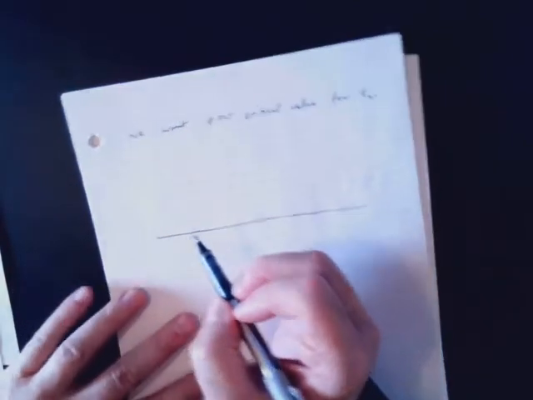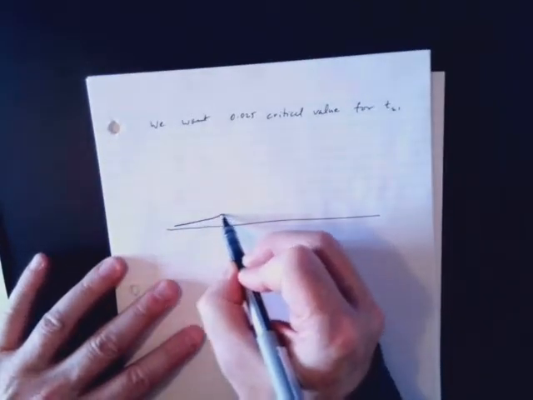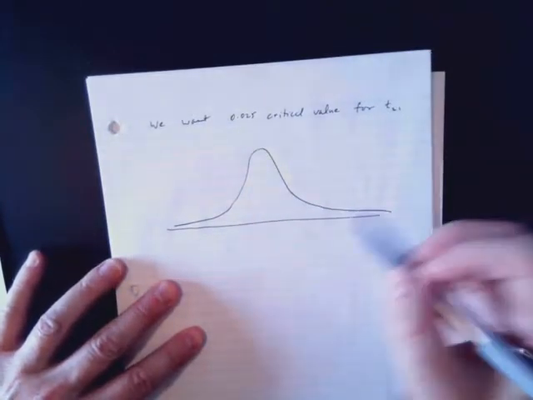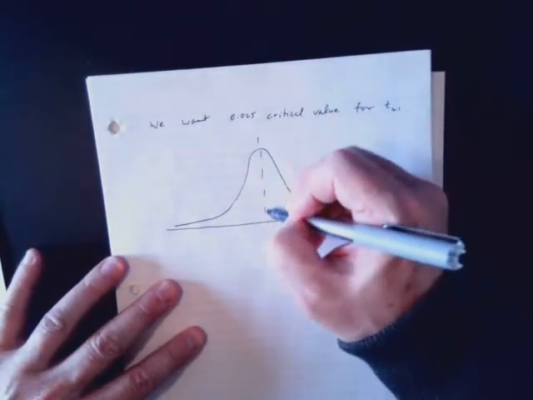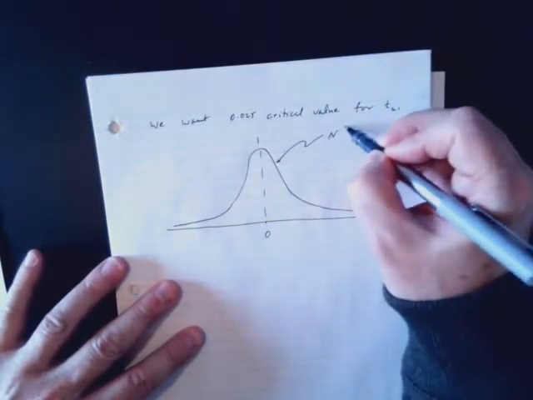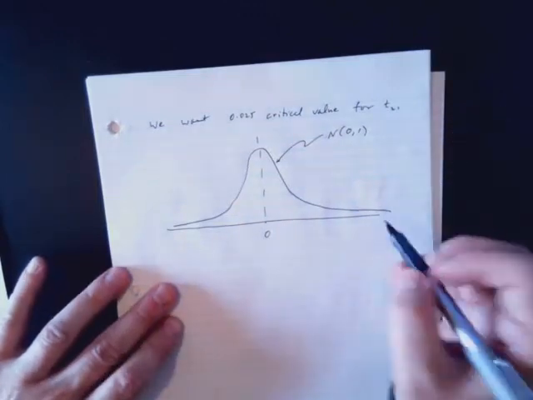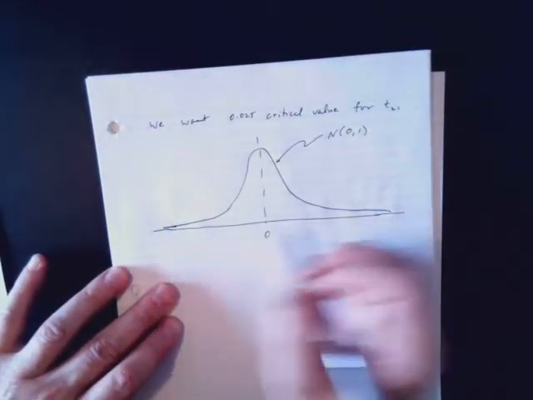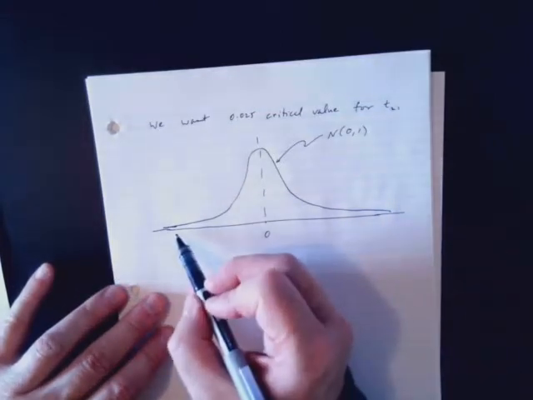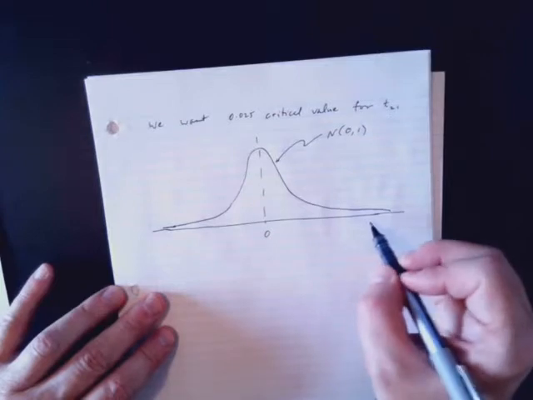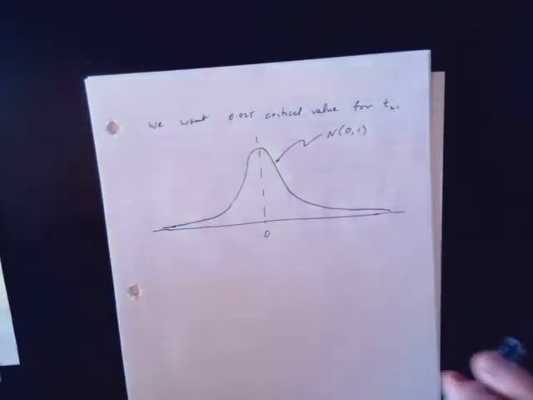So let me see how well I can draw this. This is the standard normal, and it's got these tails so that above and below the 1.96 cutoffs you get 5%.